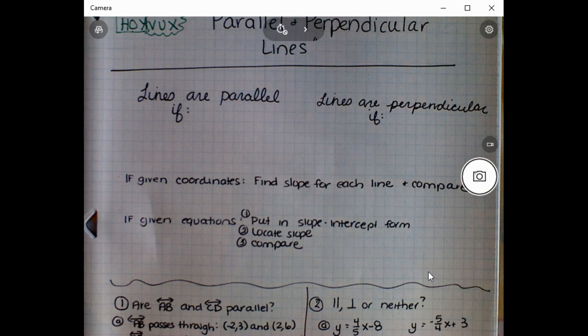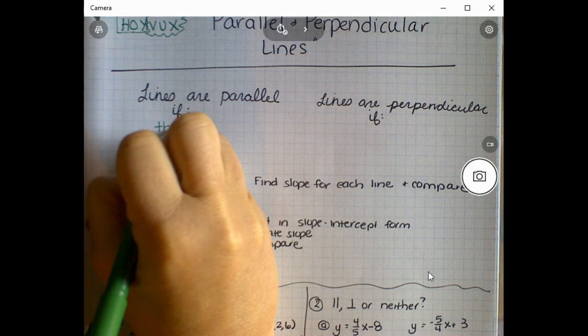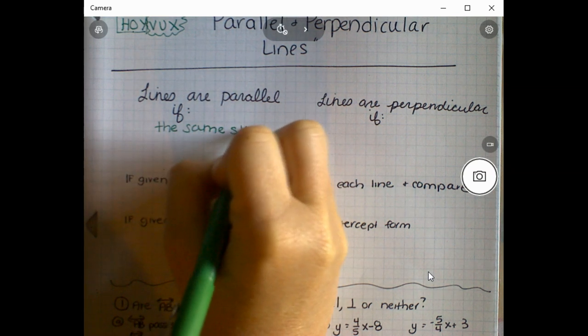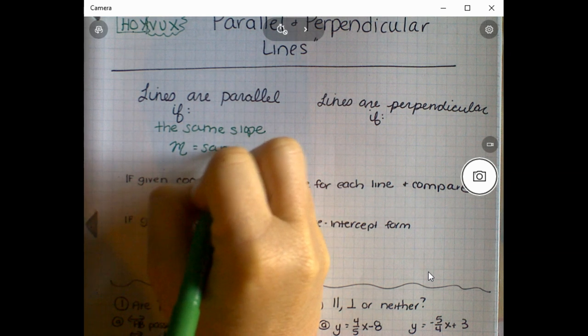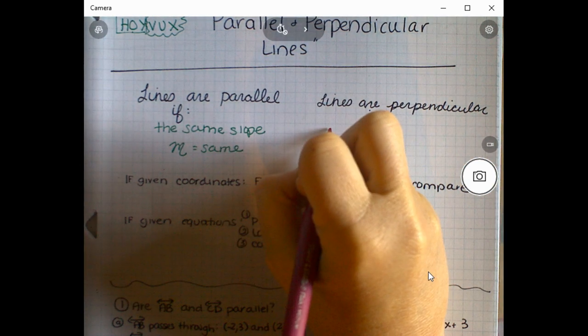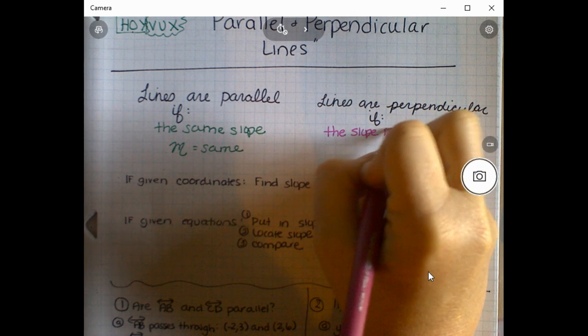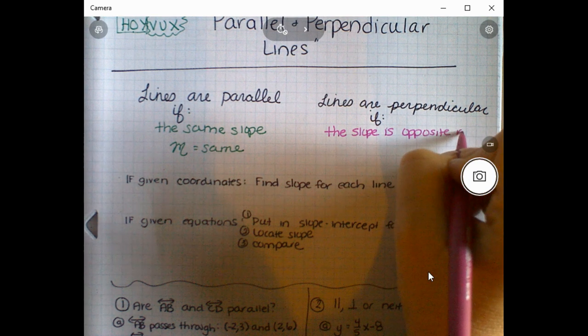Lines are parallel if they have the same slope. So I'm going to write it like this: m equals the same if they're parallel. If they are perpendicular, the slope is opposite reciprocal.